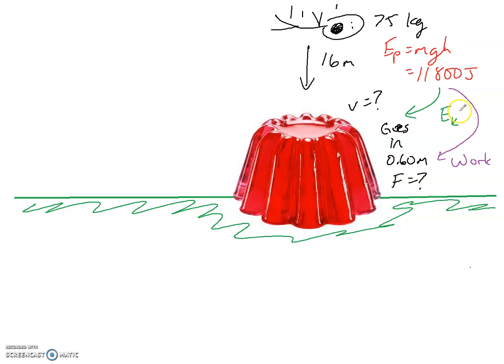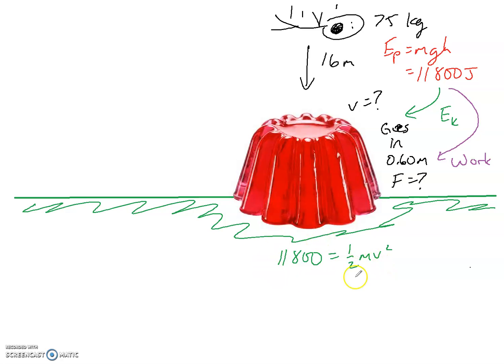So first of all, if I try and find out the speed that he hits at, I'm just going to take that potential energy, the total energy he started with, that 11,800, and make that equal to just his kinetic energy. Now, of course, you could have done mgh equals 1/2 mv squared right away and canceled off the m's, because mass has nothing to do with how fast you fall, so it's irrelevant, but that's okay.